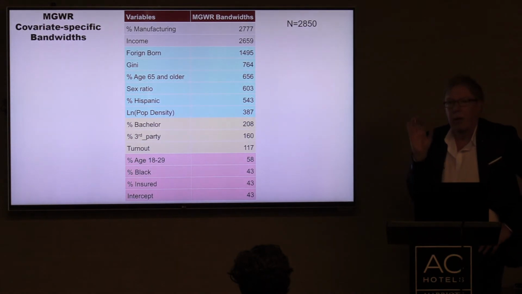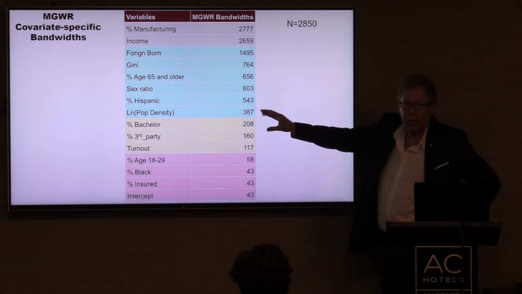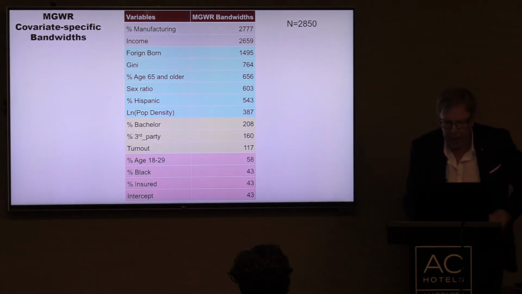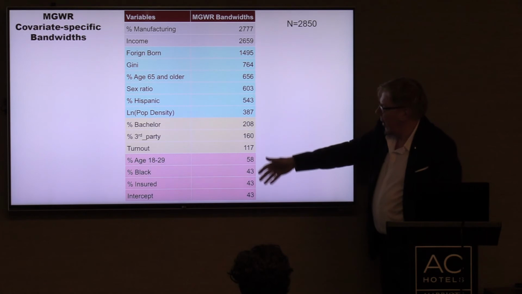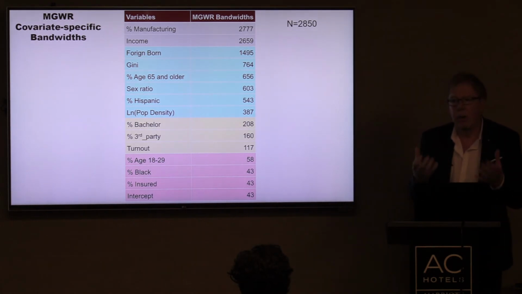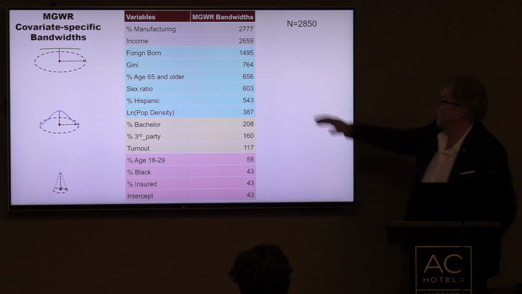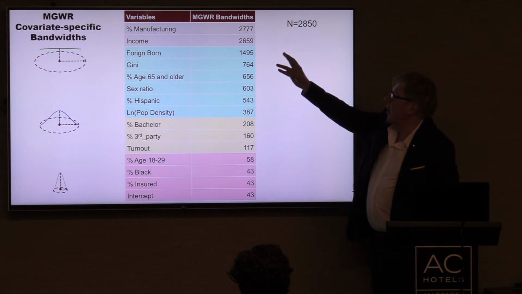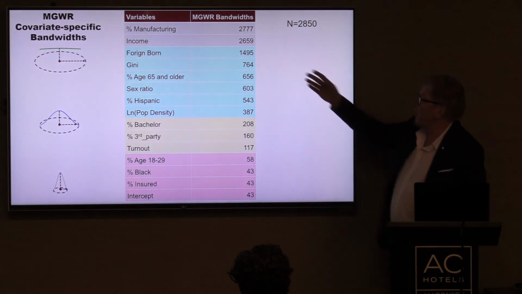Now, in the MGWR calibration, we get covariate-specific bandwidths for each of these covariates in our model. The number of counties used in this data set is 2850, so we can separate these roughly in order of magnitude in terms of how local a process is. So we've got processes at the top, the conditioned impact of manufacturing, for example, on voter preference, the conditioned impact of income on voter preference, those are global.